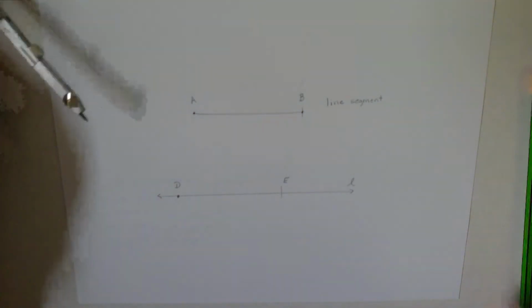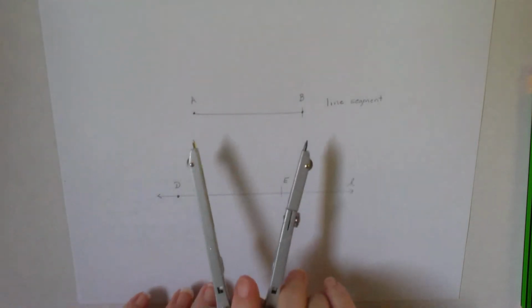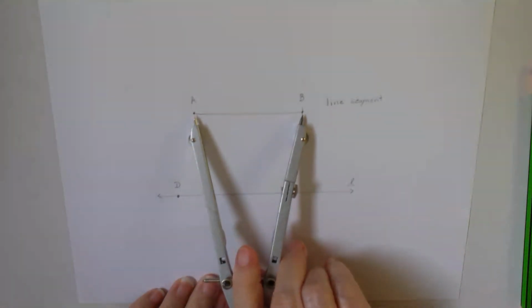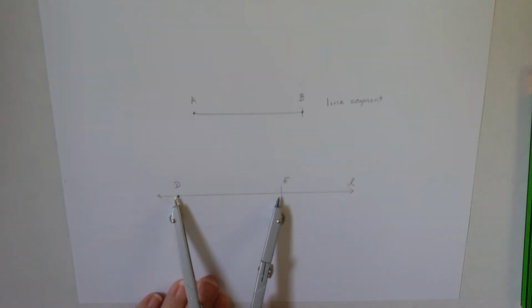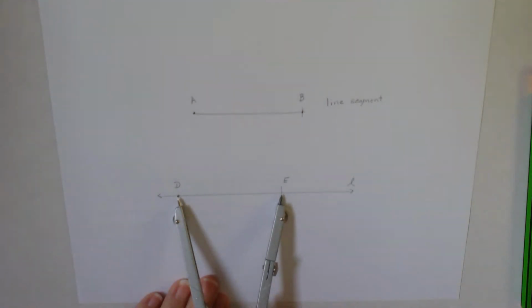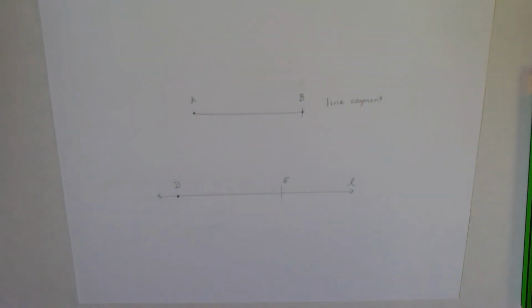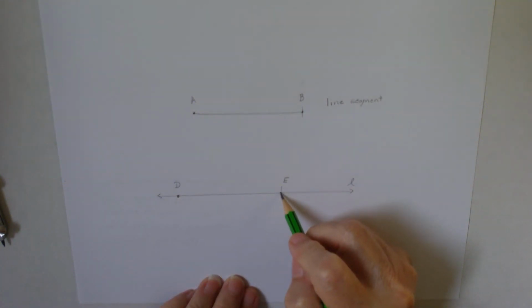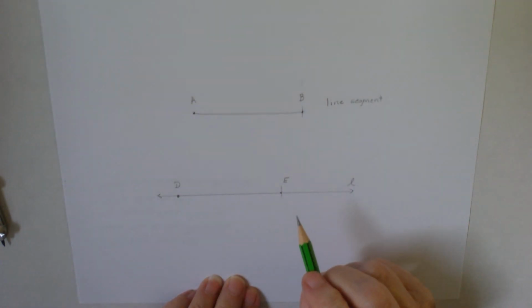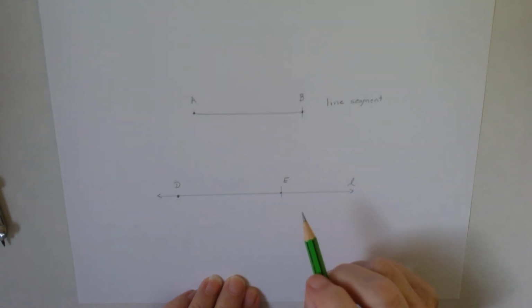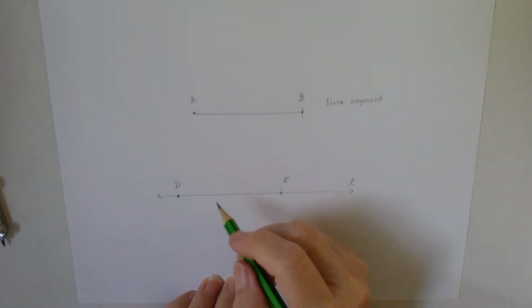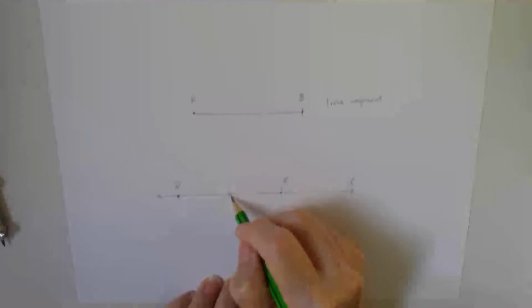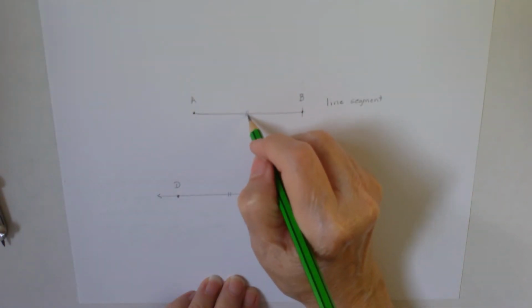Now, if I have measured accurately, line segment AB is the same length as line segment DE. So now I have a new point, point E. One of the ways that we mark that two segments are congruent is we use little tick marks to show that these two are congruent.